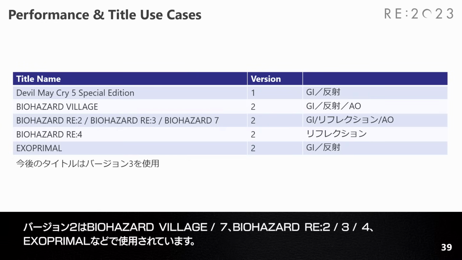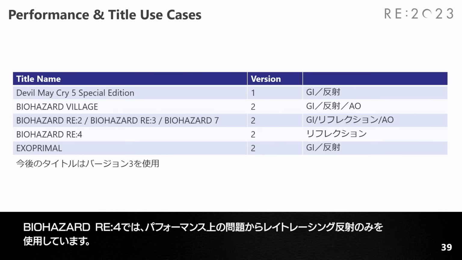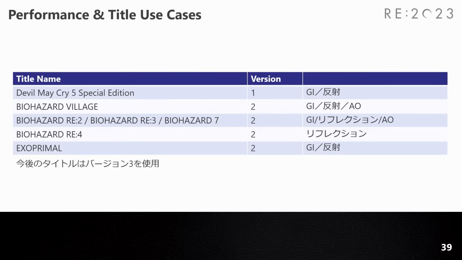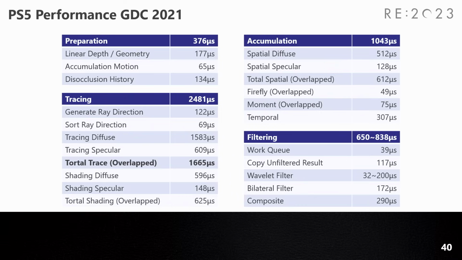Version 2 is more widely used in titles like Resident Evil Village, Resident Evil 7, Resident Evil 2, 3, 4 remakes, and Exoprimal. Resident Evil 4 only uses ray tracing reflection for performance reasons. And version 3 is the one showcased in today's presentation, which will be used in future titles.